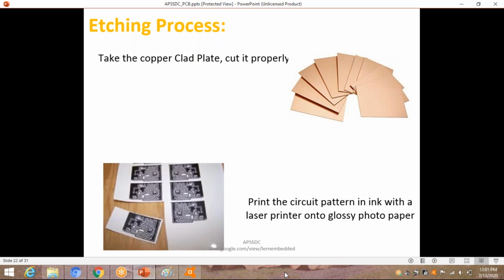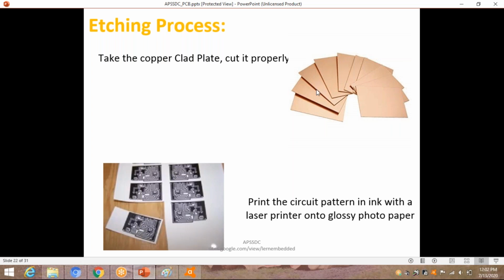Print the circuit pattern in ink with a laser printer onto a glossy photo paper. For printing the PCB designs we will use a photo paper.